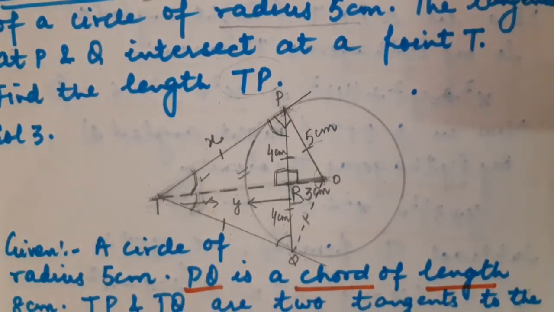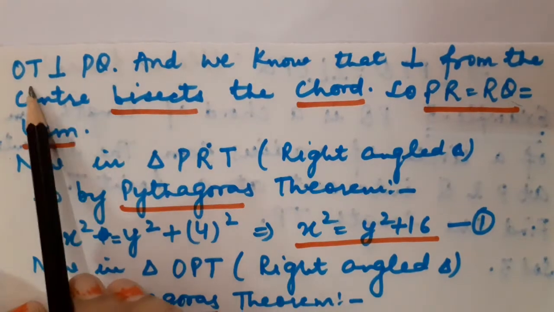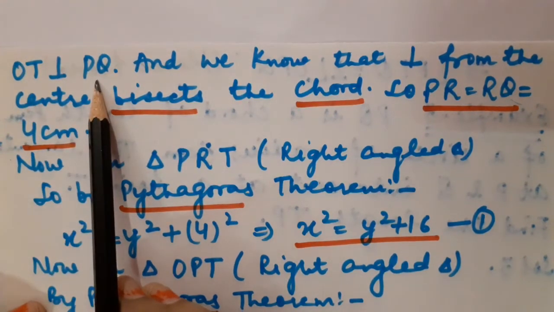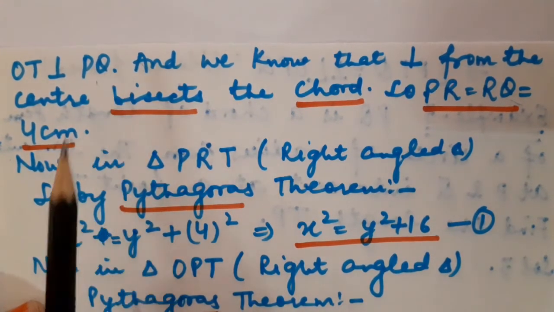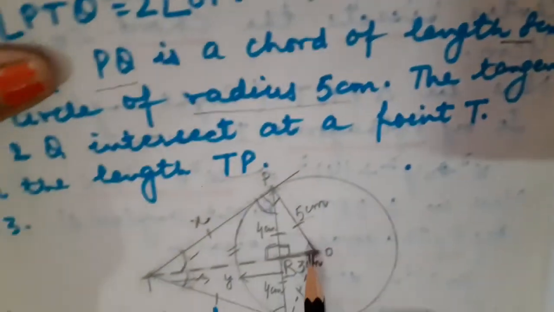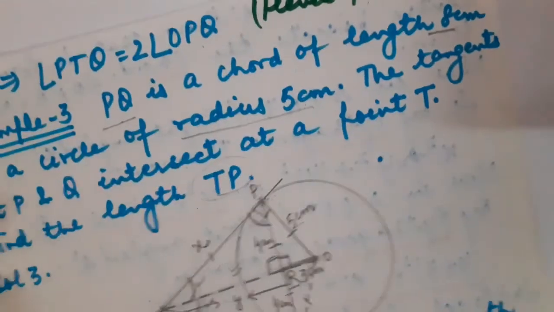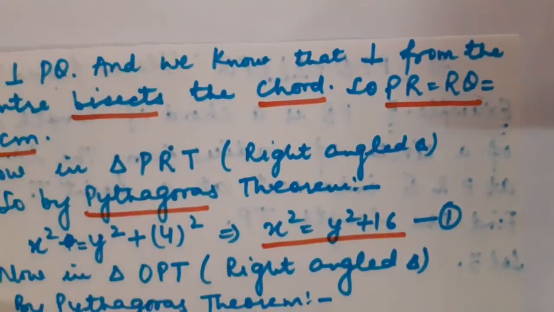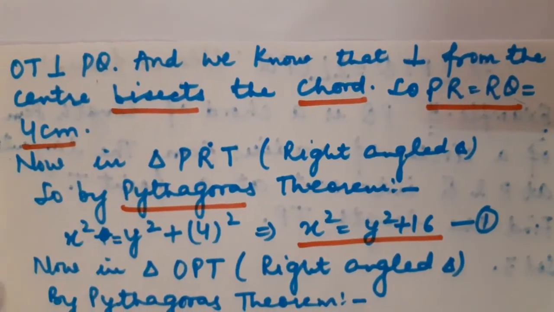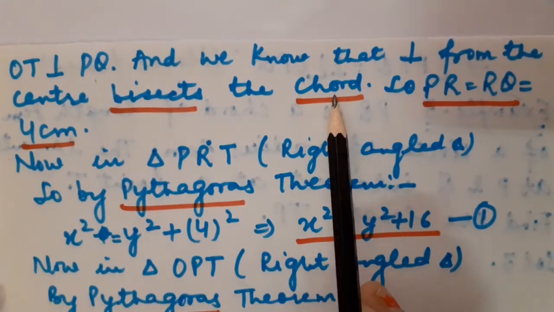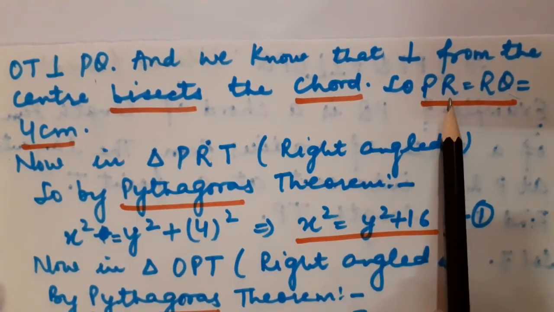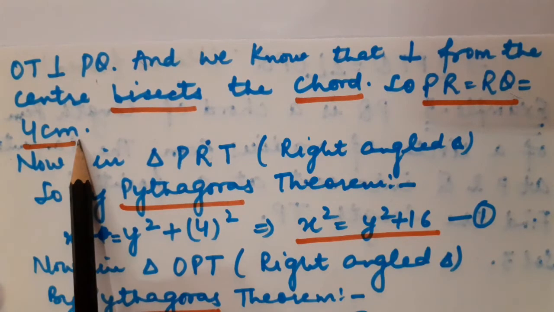Correct, children? So it means OT must be perpendicular on PQ. If OT is perpendicular on PQ, then OR is also perpendicular on PQ. Fine. So, as we know that a perpendicular drawn from the center point bisects the chord, what can we write? That PR is equal to RQ is equal to 4 centimeter.